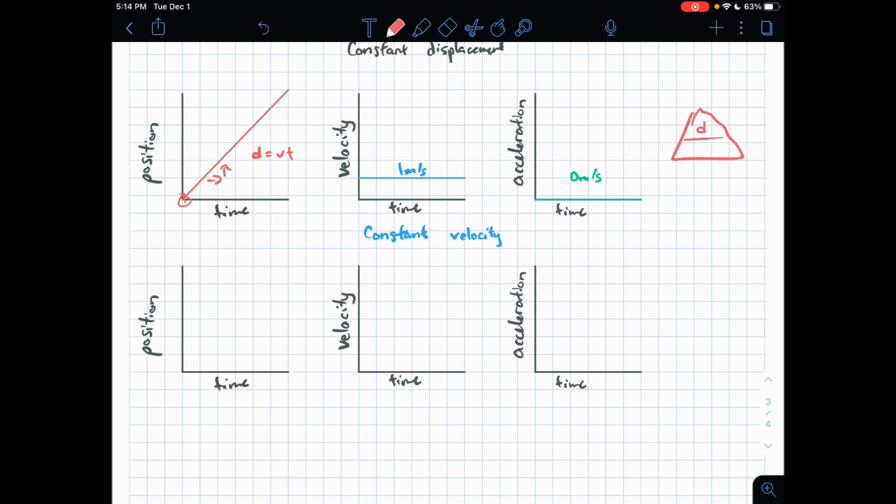It's d over vt. Basically what this means is displacement equals velocity times time. Alternatively, if you're looking for velocity, it would be velocity equals displacement on top over time, and the same would go for time. So d equals vt.